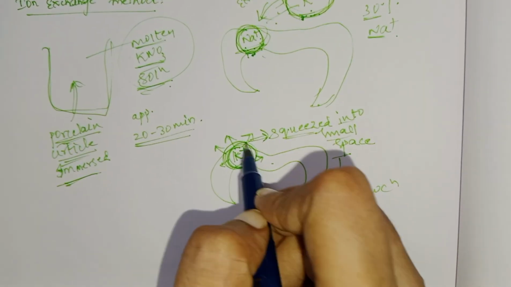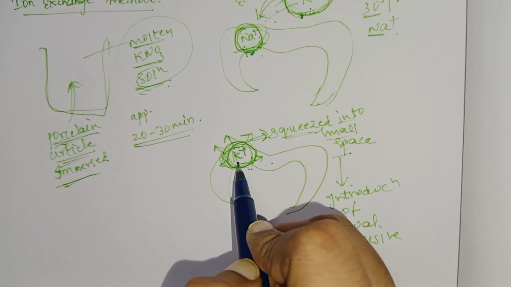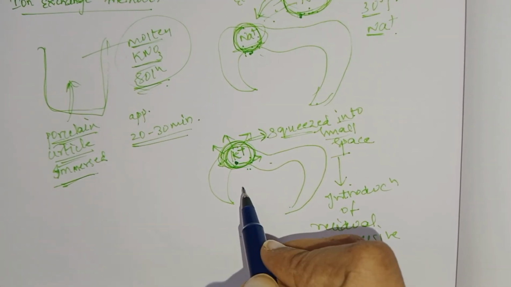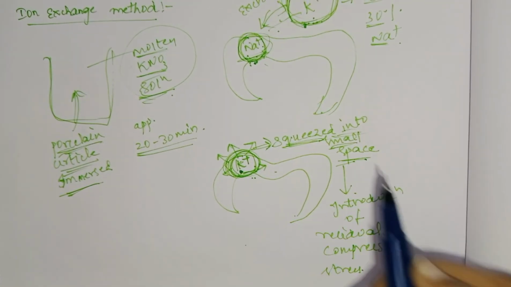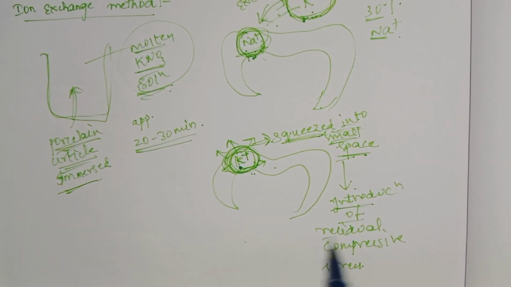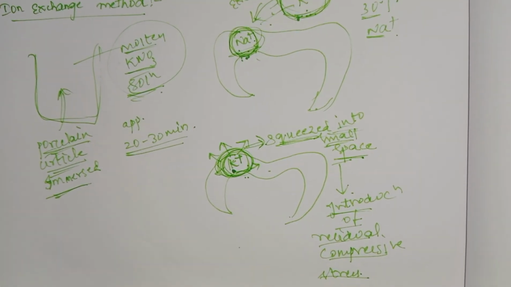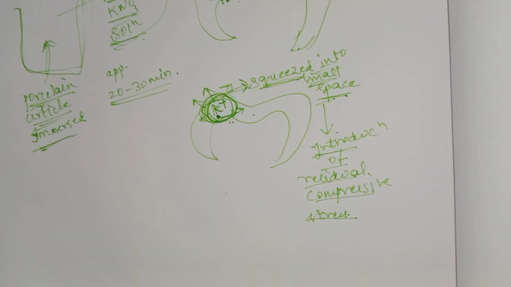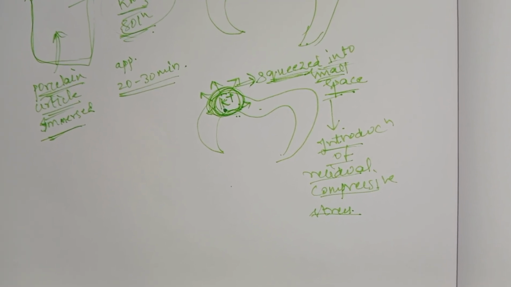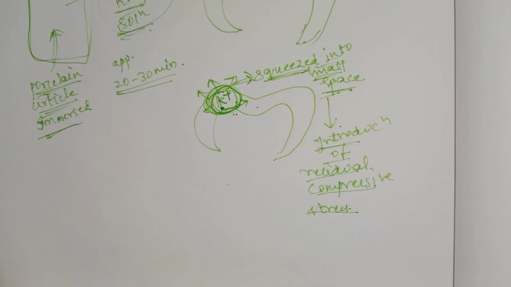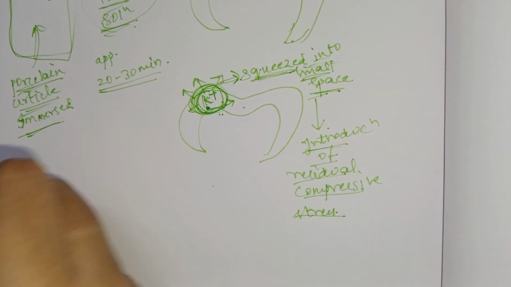The area occupied by potassium is more than that occupied by sodium, because the potassium ions get squeezed into this small space. This squeezing results in introduction of residual compressive stresses into the surface of the material. This is one method of introduction of residual compressive stresses. Now let's see another method.